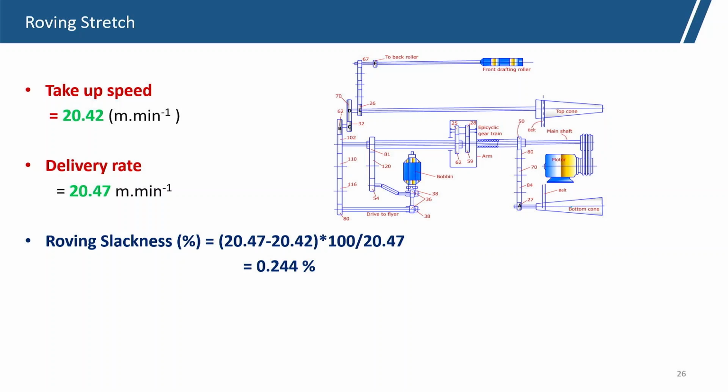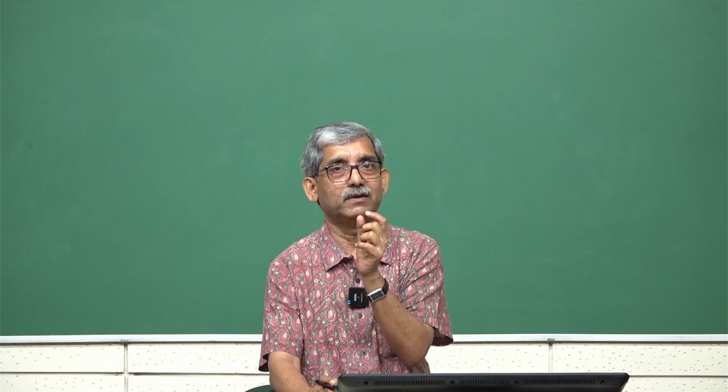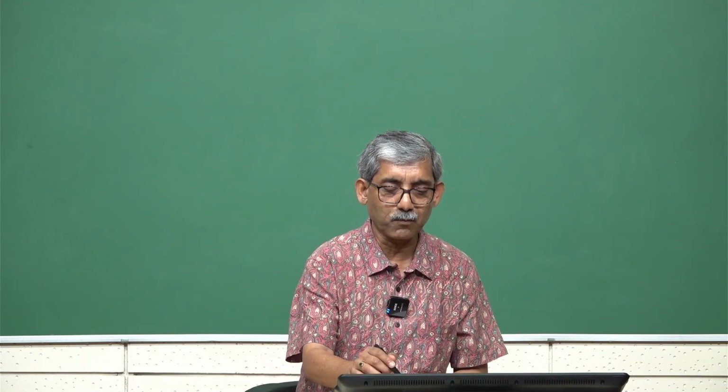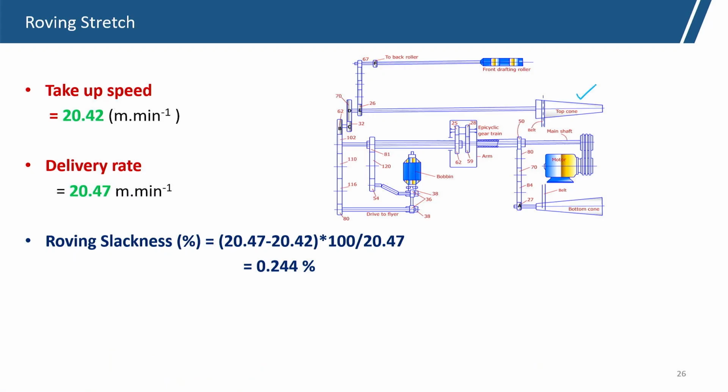Now, in the next session we will see how the cone pulleys work. The top cone pulley RPM is constant, which we can calculate from the main shaft speed, but the bottom cone pulley is variable depending on the position of the belt. So, the bottom cone pulley RPM is related to the bobbin speed. How are these related?